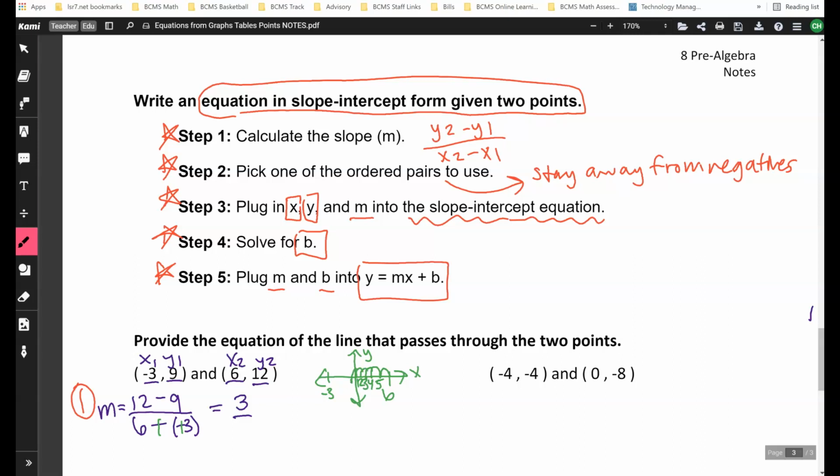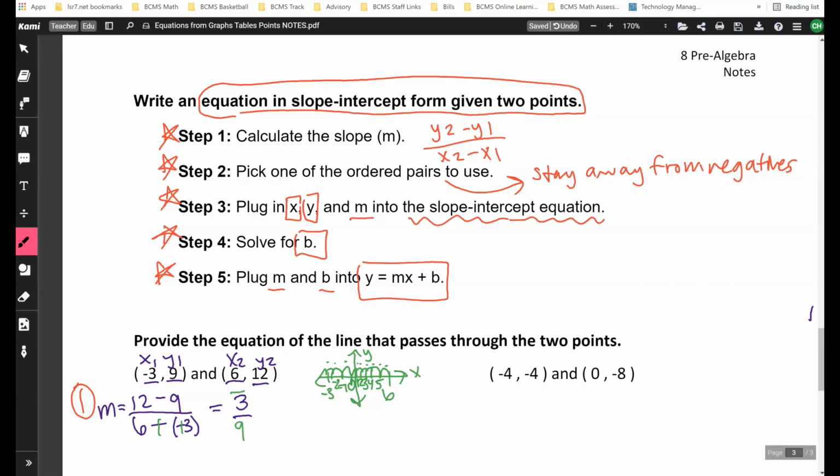And then back 1 to 0. And then -1, -2, -3. So I'm thinking 1, 2, 3, 4, 5, 6, 7, 8, 9. 9 total units, right? From a +6 to a -3 is a difference of 9 units, right?